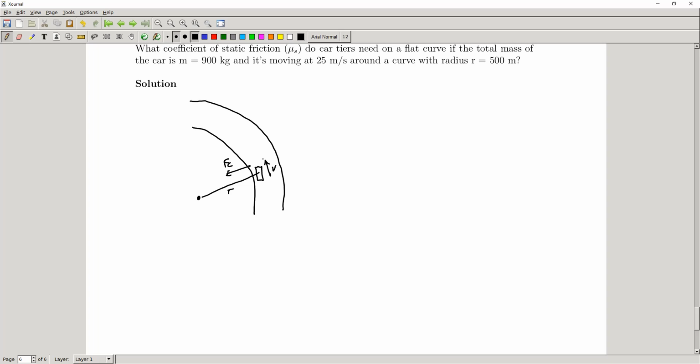In this case, like I said above, our force of static friction is going to be our centripetal force, right?